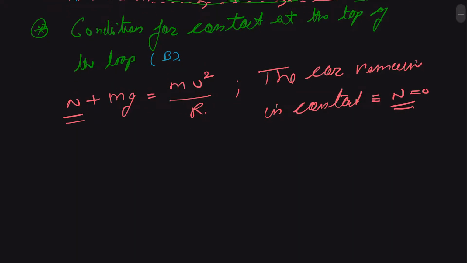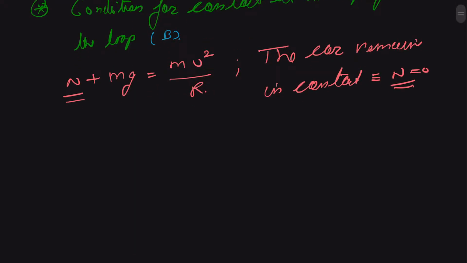So we substitute normal equal to 0. We get mg equal to mv squared upon r, and mass cancels out. So from here we get that the velocity at the top of the loop, that is at point B, is equal to the square root of g times r.